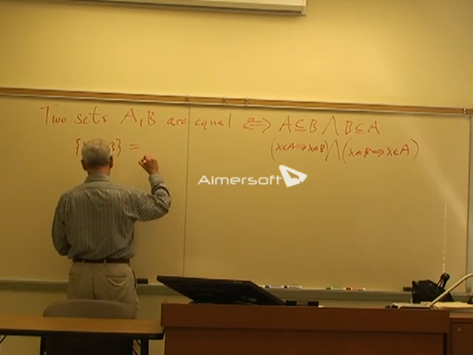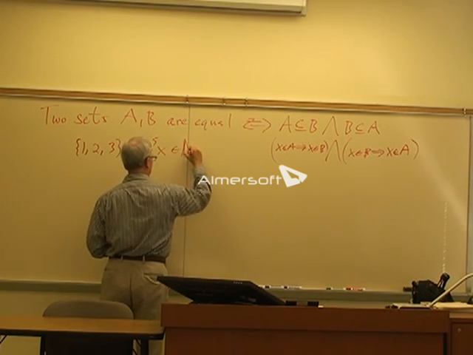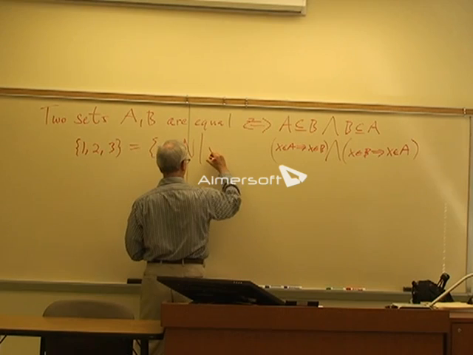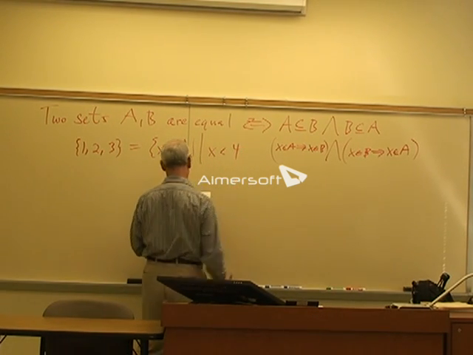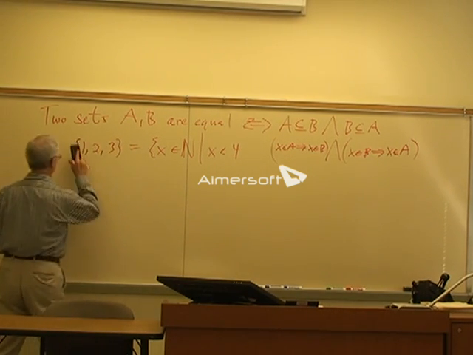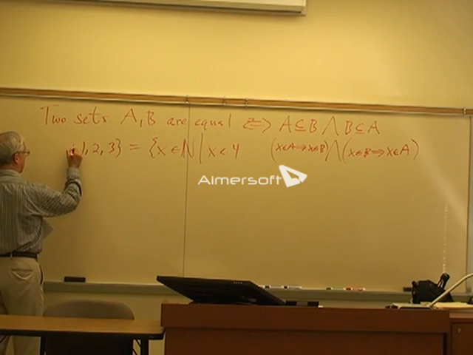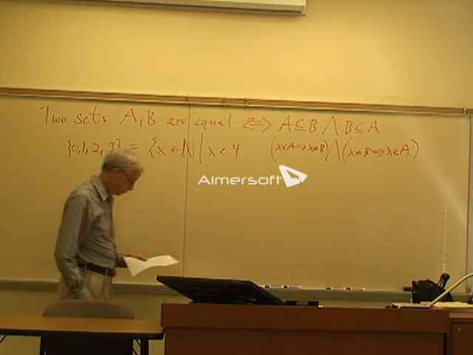That's the same set as the set of all x in the natural numbers such that x is less than 4, according to our textbook. In this class, by convention, I guess, we'll include 0 in the natural numbers.